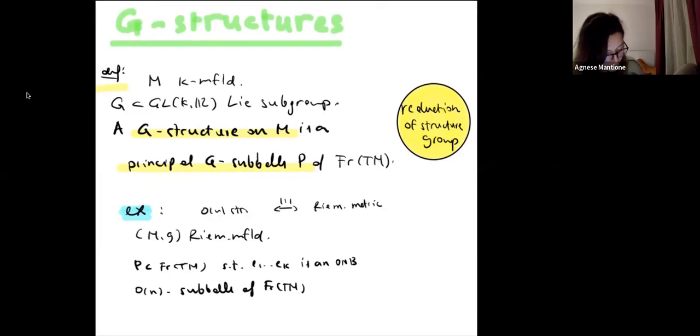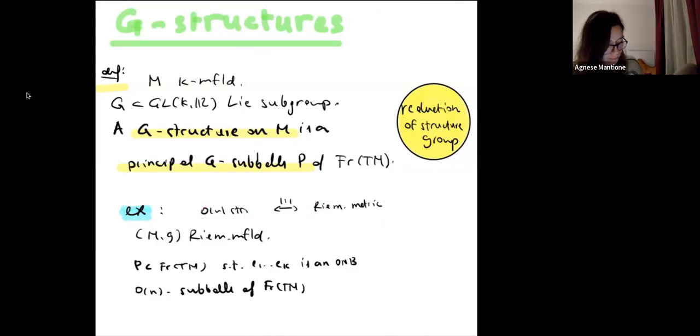For a Riemannian manifold, we can define a principal subbundle of the frame bundle by only taking frames that are orthonormal with respect to the metric g. What we get is an O(k) subbundle. So there's this identification of Riemannian metrics and O(k) structures.